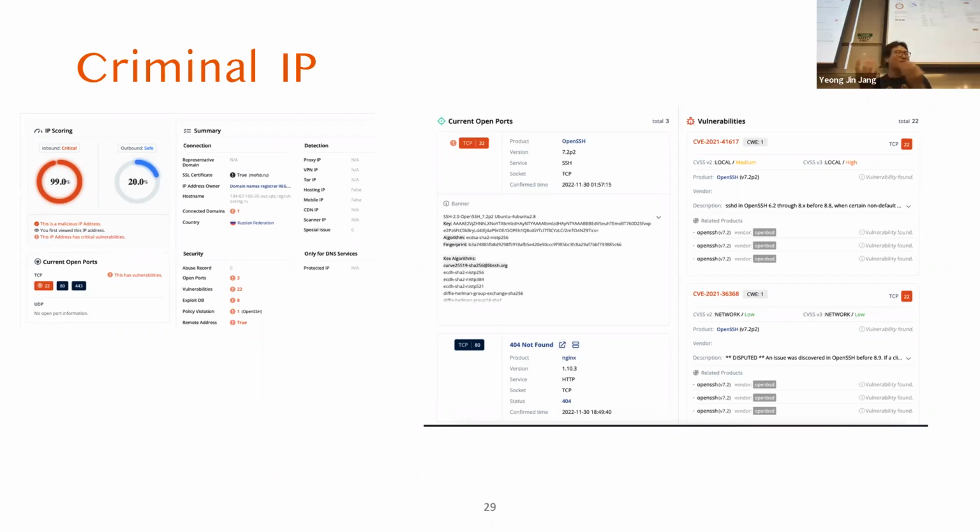Then we can easily enumerate how many CVEs apply to that specific machine. If I click on these 22 vulnerabilities, the website shows each vulnerability and each CVE.